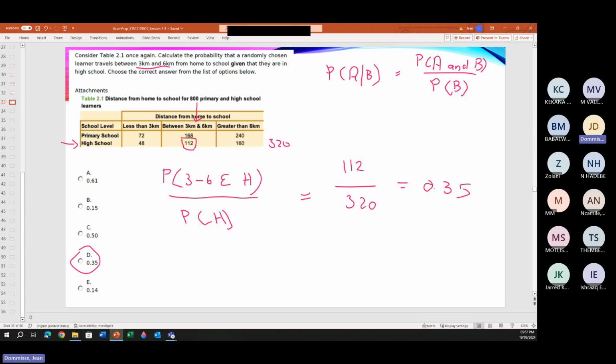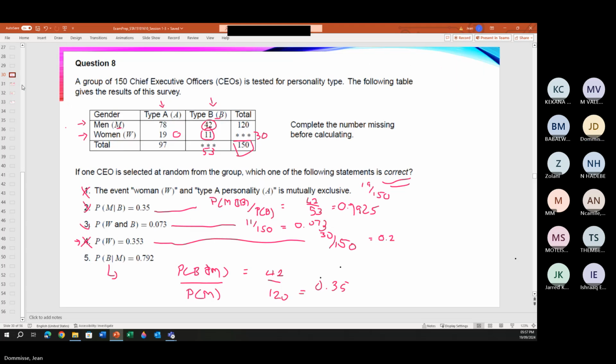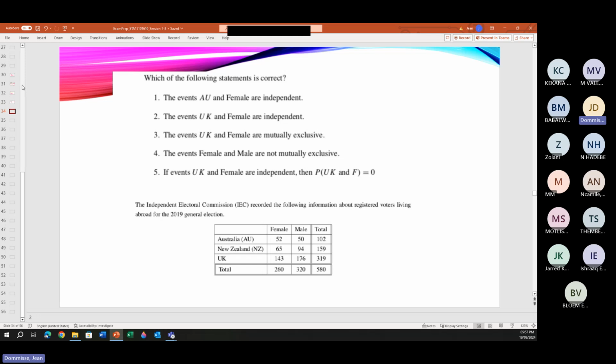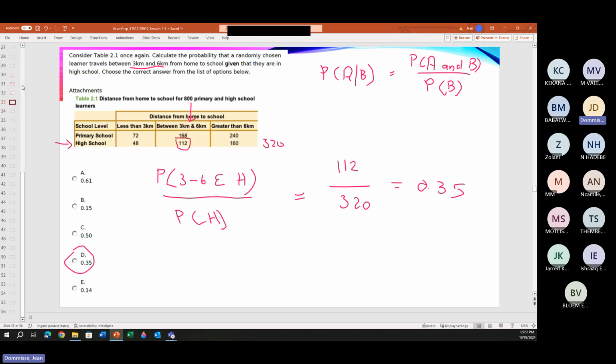Okay, so with one data set, they basically have given us 1, 2, 3 different questions that they can ask you. Again, only one of them will be asked, so it's not that you will get 3 questions on probability. You will get 2 questions at the most on probability.